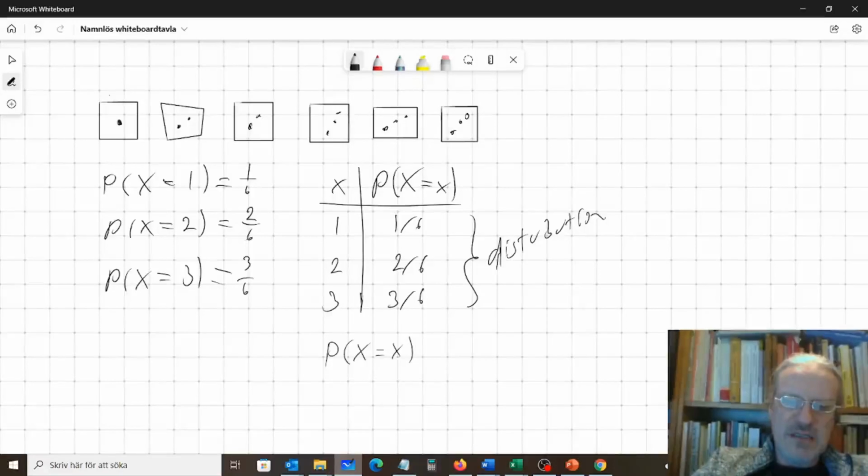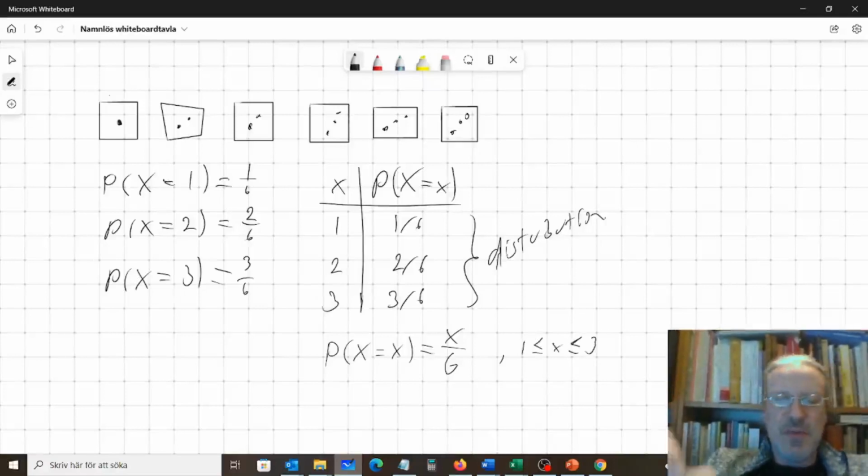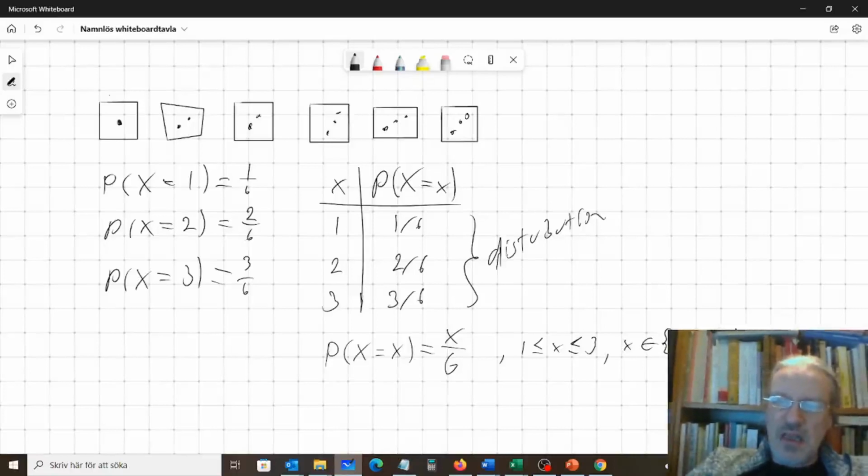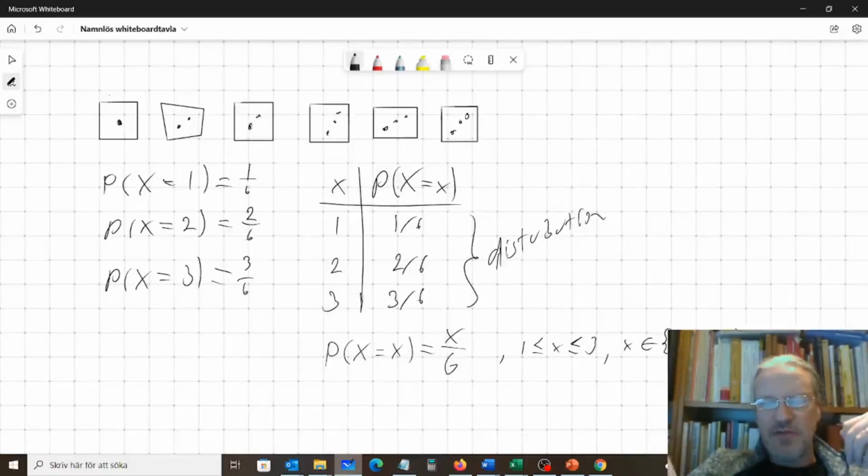I designed this distribution such that it would be x divided by 6, where 1 is less than or equal to x, which is less than or equal to 3. Or even better, x belongs to {1, 2, 3}. And the possible outcomes of an experiment are called the sample space.